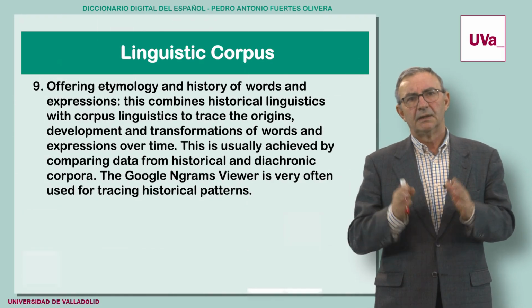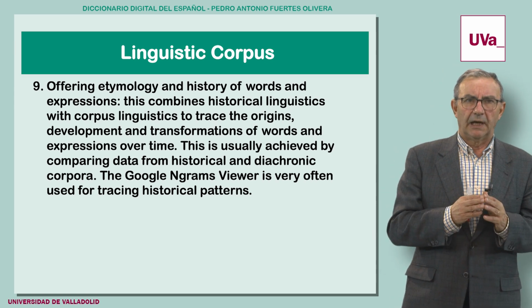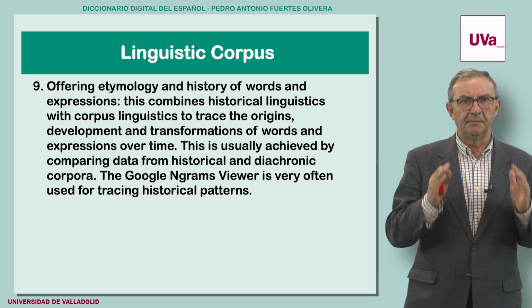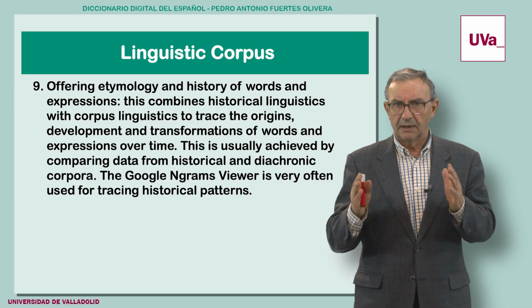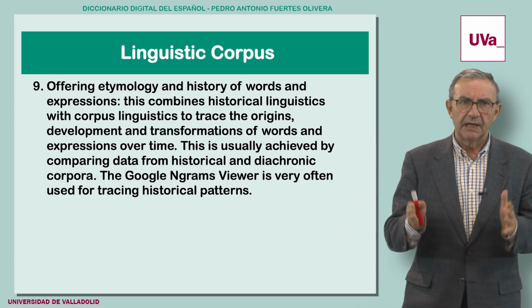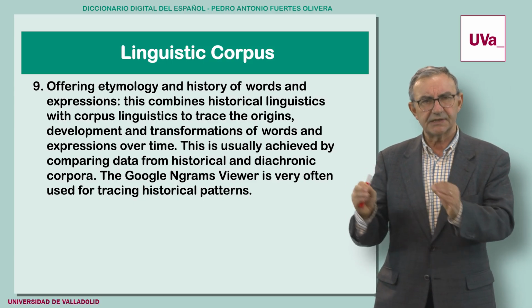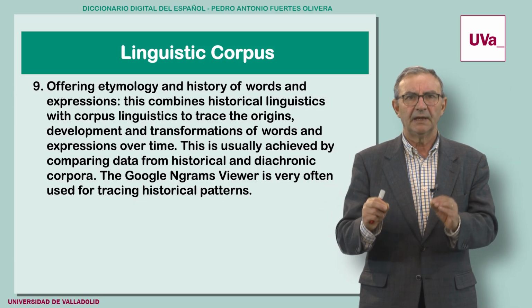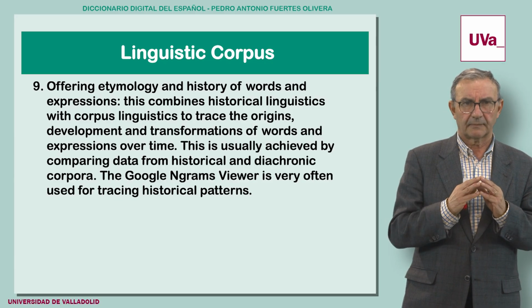9. Corpus data are also used for offering etymology and history of words and expressions. And this combines historical linguistics with corpus linguistics to trace the origin, development, and transformation of words and expressions over time.